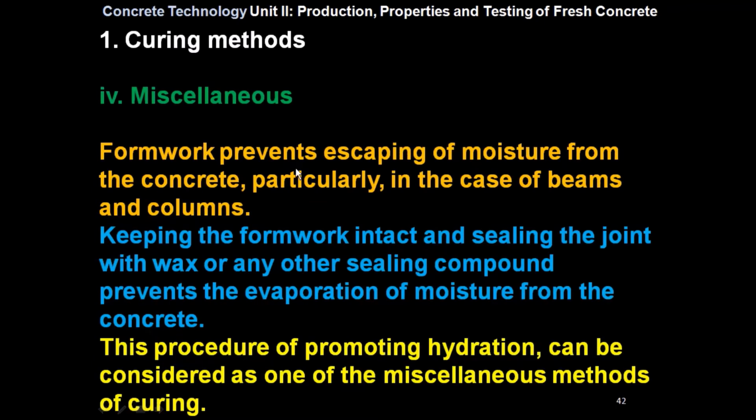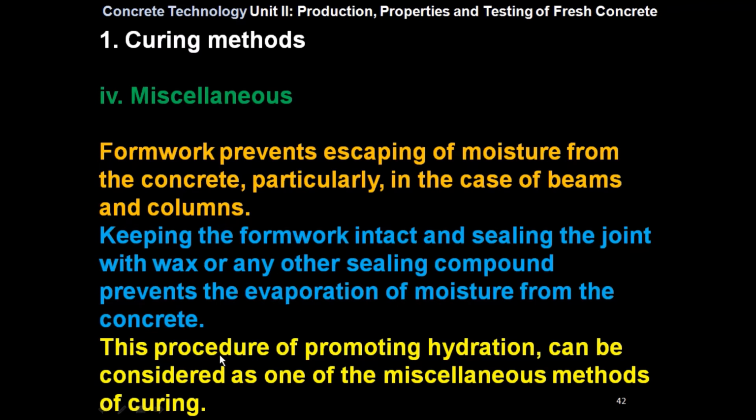Formwork prevents escaping of moisture from the concrete, particularly in the case of beams and columns. Keeping the formwork intact and sealing the joint with wax or any other sealing compound prevents the evaporation of moisture from the concrete.